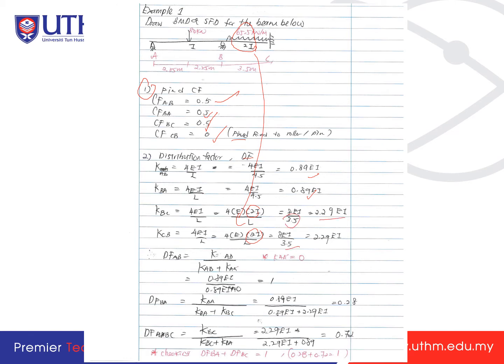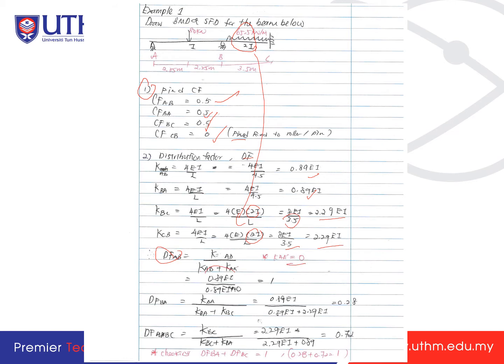And this one is also 2.29 EI. So when you want to calculate the distribution, after you get a K, then you get a distribution. Distribution is the K over the total K at that support, at that point. So DF AB is KAB over KAB plus KAA, where KAA is equal to 0.